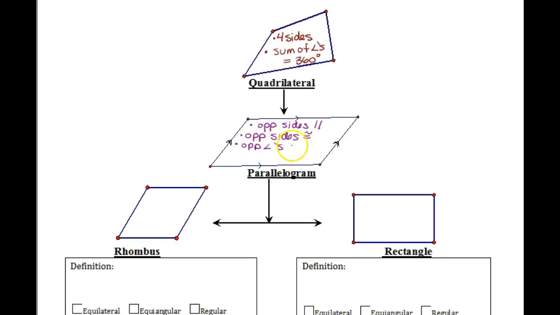Opposite angles were congruent. Consecutive, or next to each other, angles were supplementary. And finally, that the diagonals bisect each other. So those were the 5 pieces of information about the parallelogram.